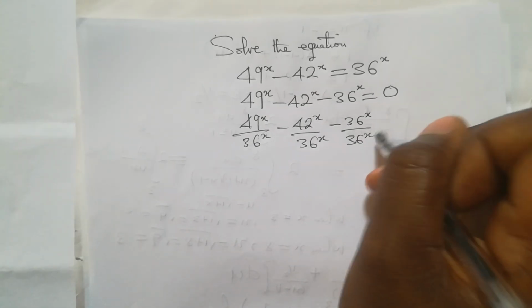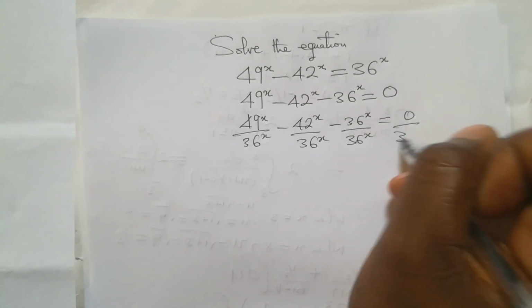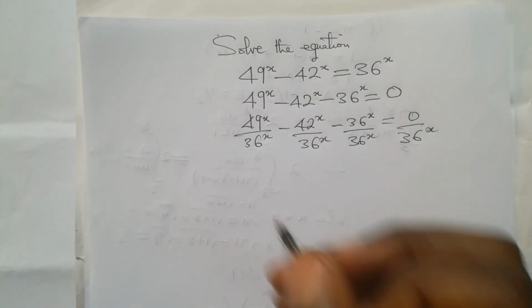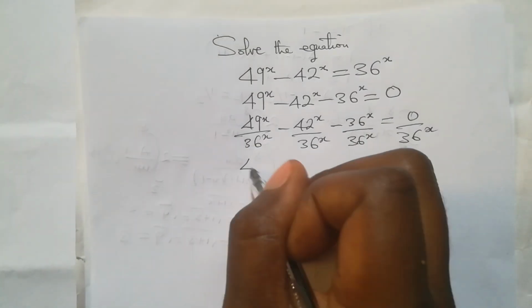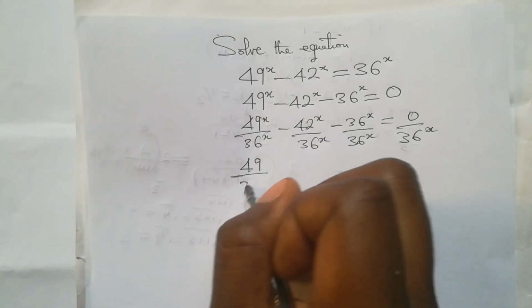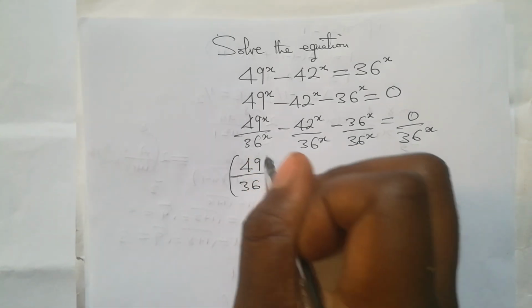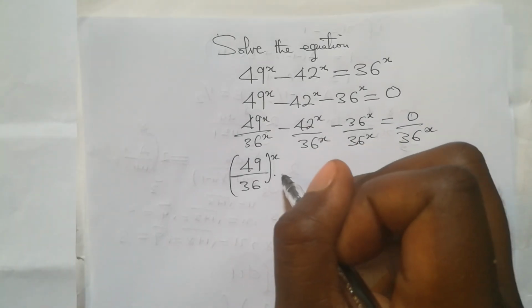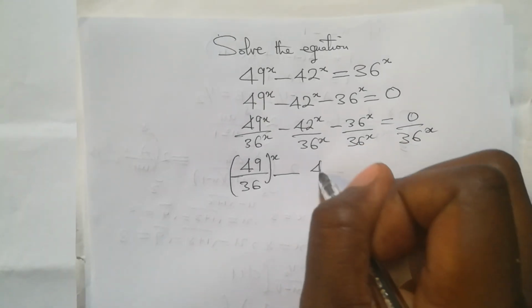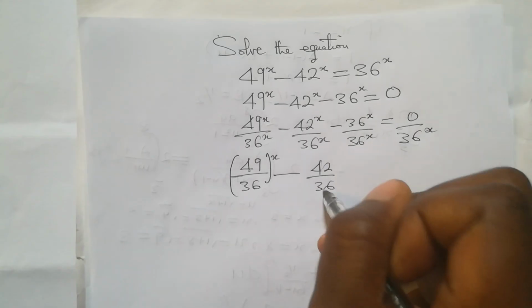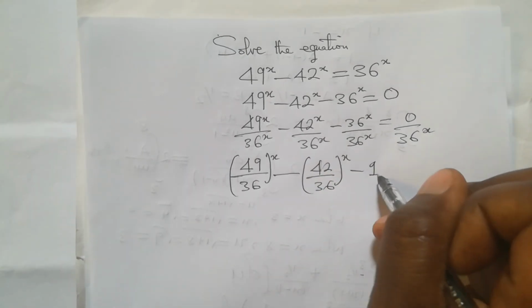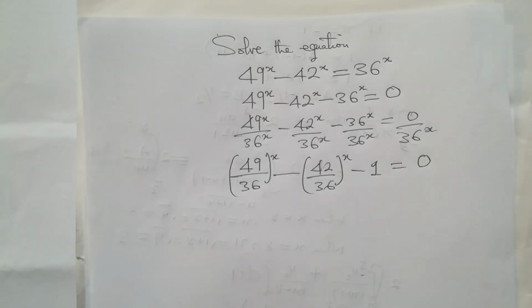We divide both sides by 36 to the power of x. You get it? So in that case, this becomes 49 over 36, all in terms of x to the power of x. So we have minus 42 over 36, all to the power of x. This becomes 1 while this becomes 0.